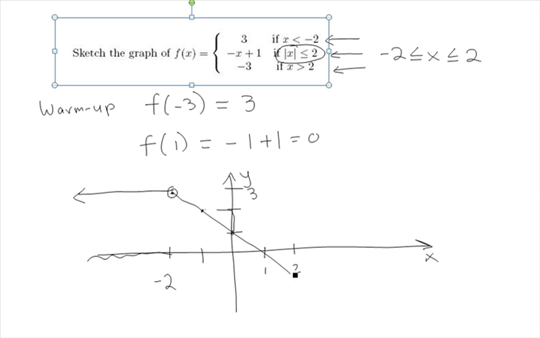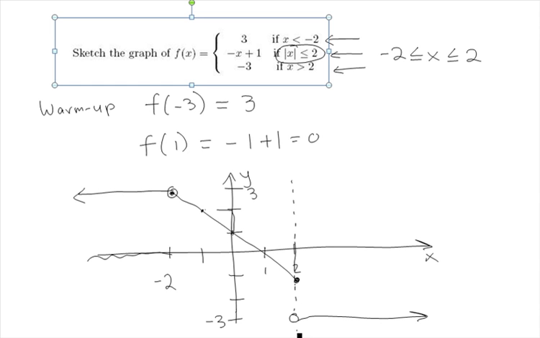And then after 2, the function is going to be defined by -3. So if x is greater than 2, its value is going to be -3. And now notice that there's a jump here.